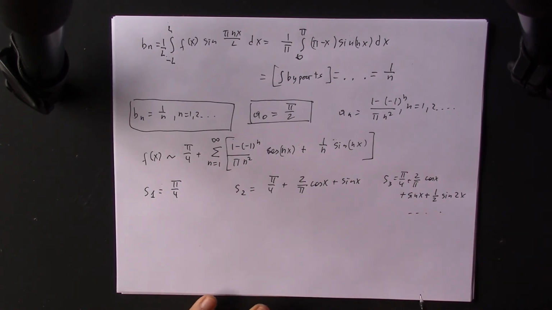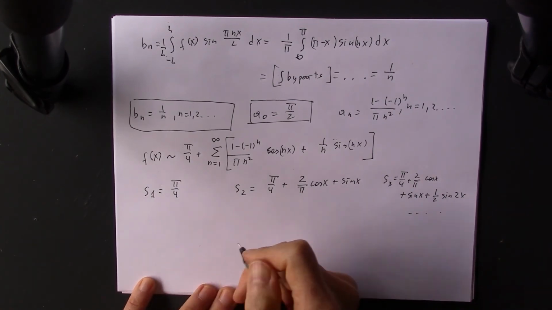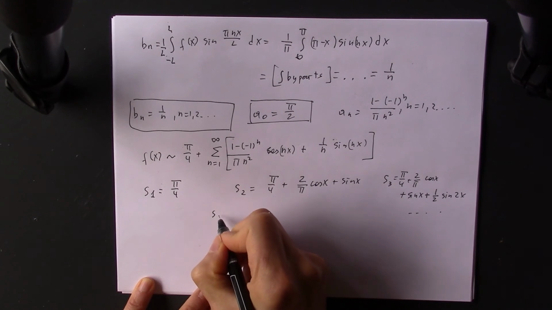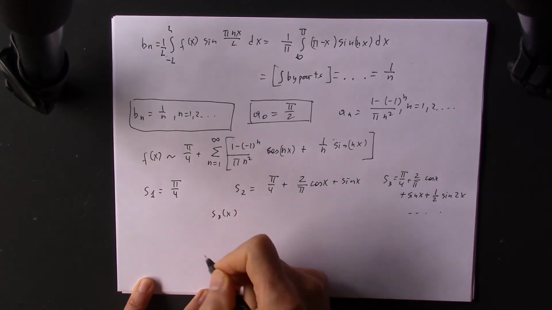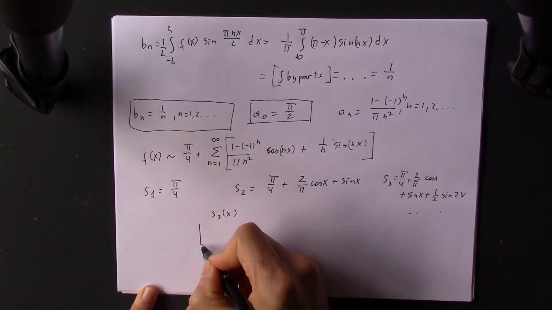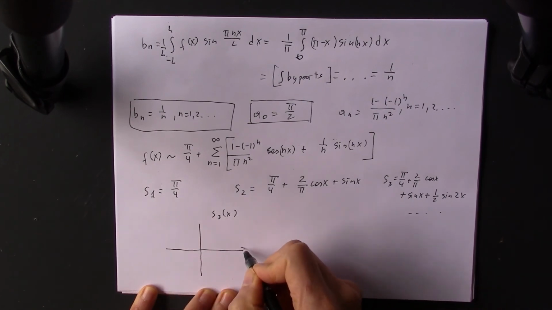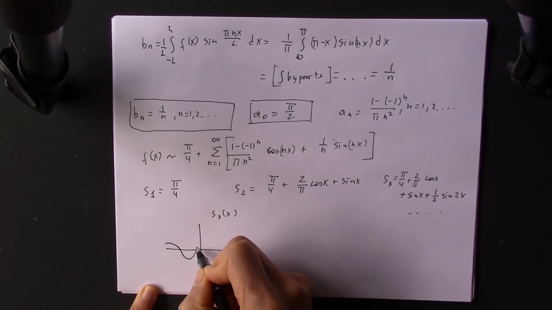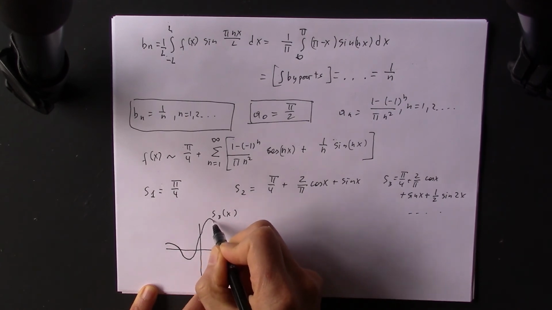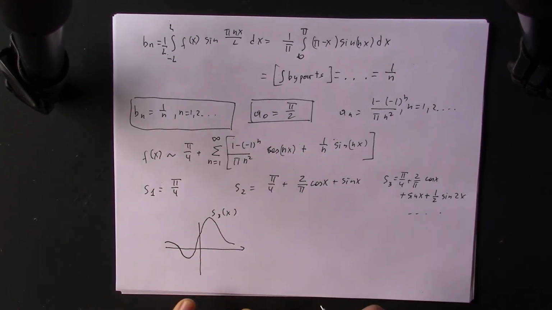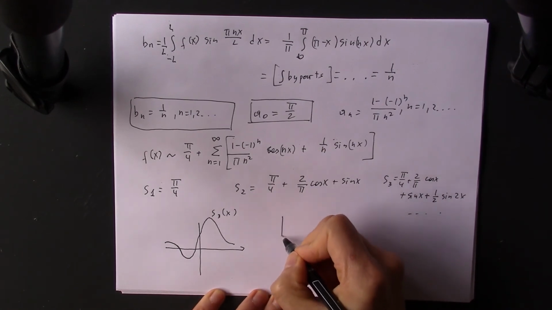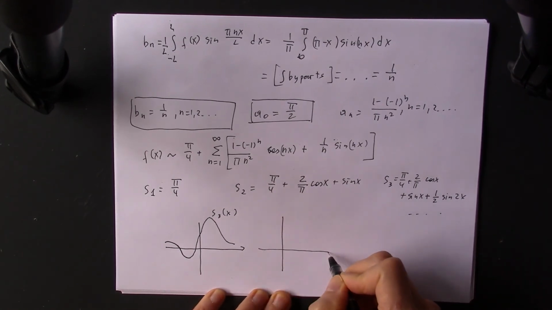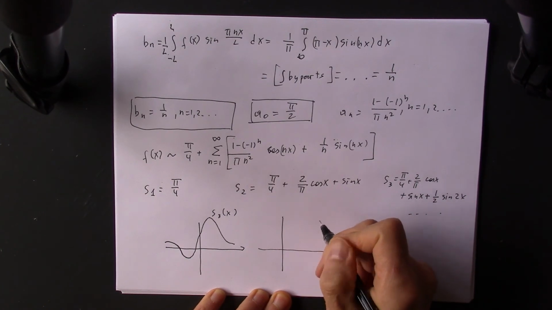And we can try to graphically interpret what our Fourier series does. If I, for example, try to graph S3 of x, then the graph is going to look approximately like the following. Then I'll try to graph S8 of x.